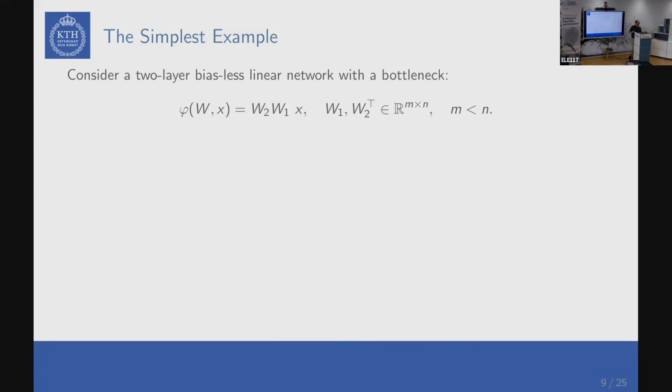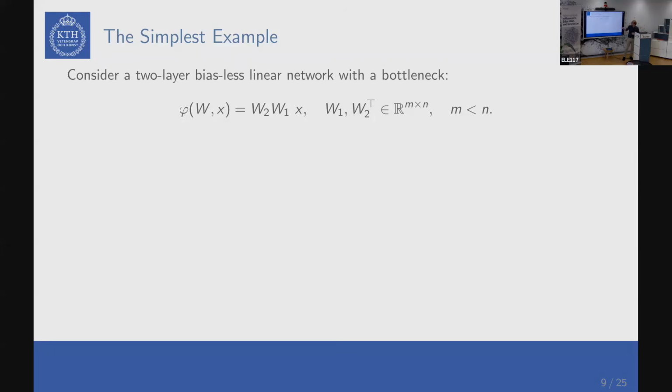The other extreme. Let me take the simplest model that I can think of that I'm brave enough to call a deep network. I'm going to consider a two-layer biasless linear network. So 2 layers, no activation function, but it's also going to have a bottleneck. It's going to have n inputs, m hidden units, and then also n outputs for simplicity.